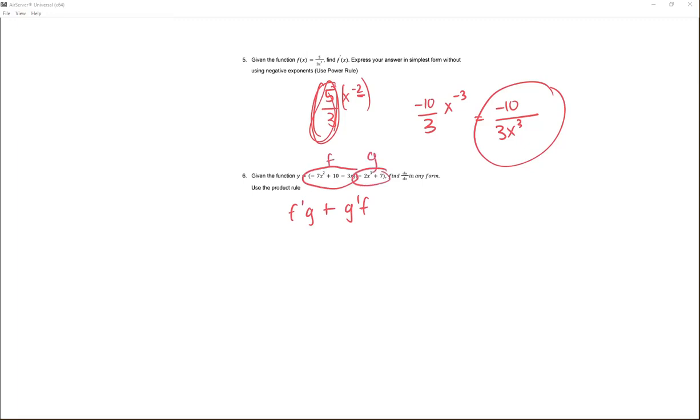So f prime is -14x minus 3, because the constant turns to 0, times the g function, which is -2x cubed plus 7, plus the derivative of the g function, which is -6x squared, times the f function, which is -7x squared plus 10 minus 3x.